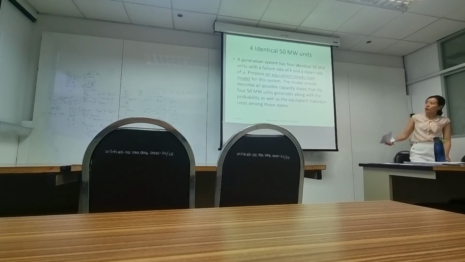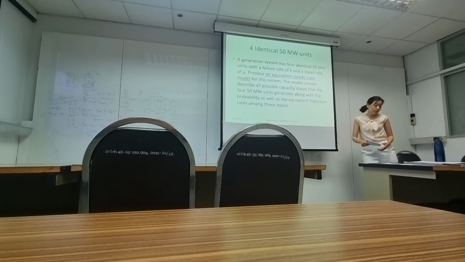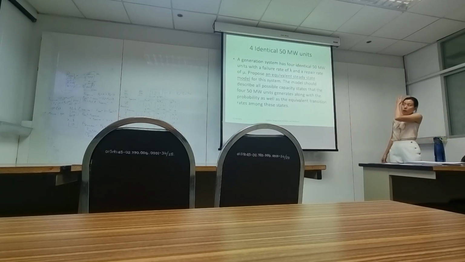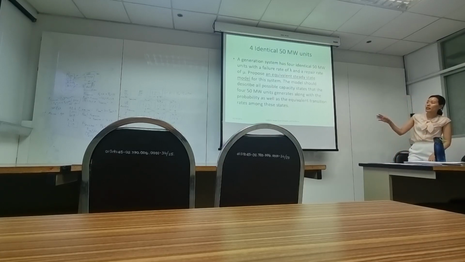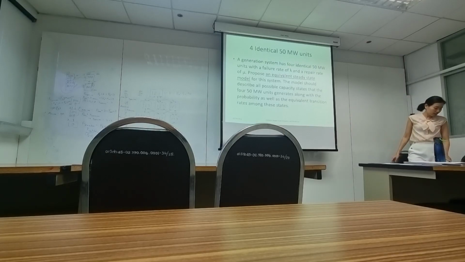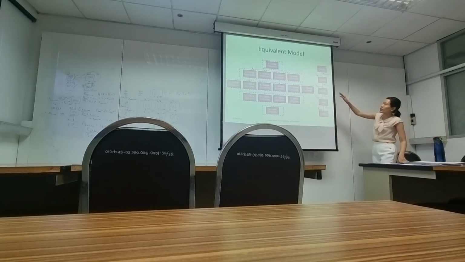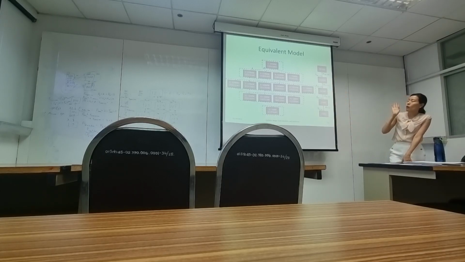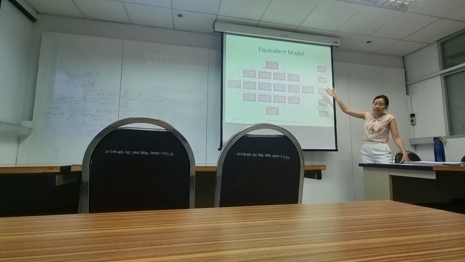What we want is the equivalent steady state model to describe all possible capacity states that 4 units generate, along with the probability as well as the equivalent transition rate. For 4 units, you have 2 to the 4, which is 16 states. So you can have this state space diagram.